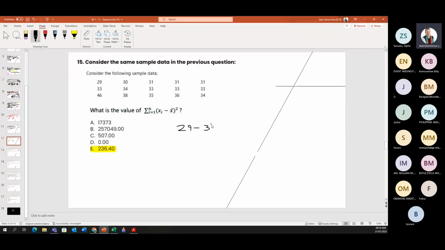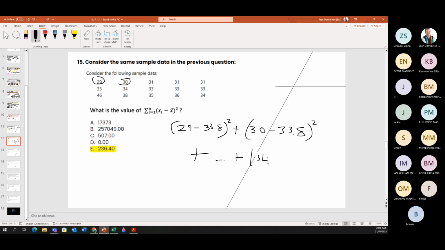So you would have needed to say that plus, so that was that one, and continue until you do 34 minus 33.8.